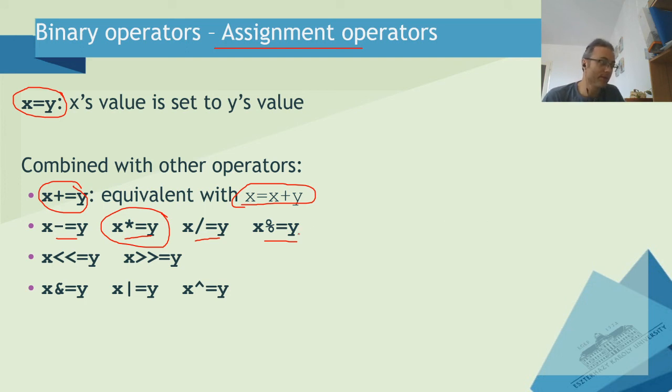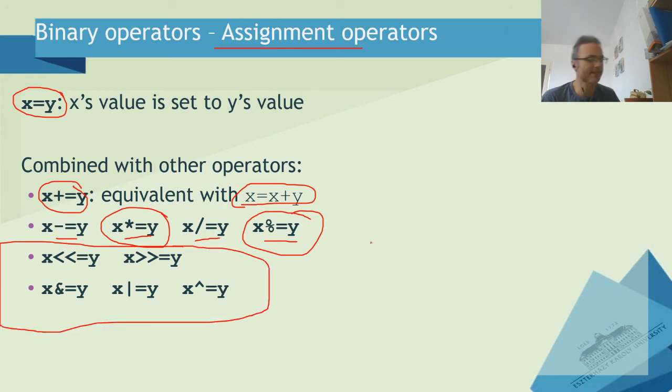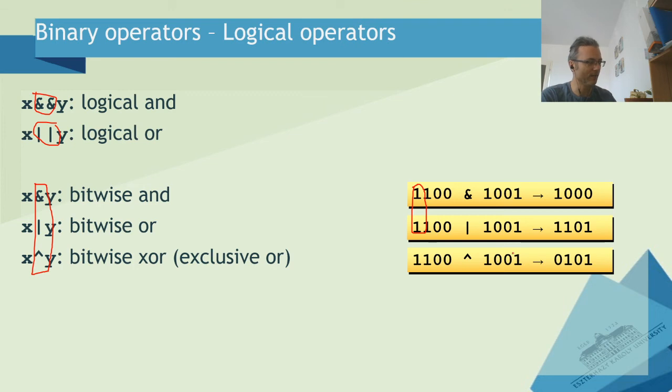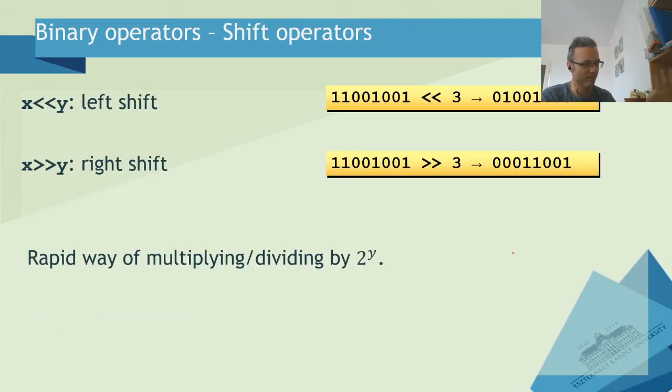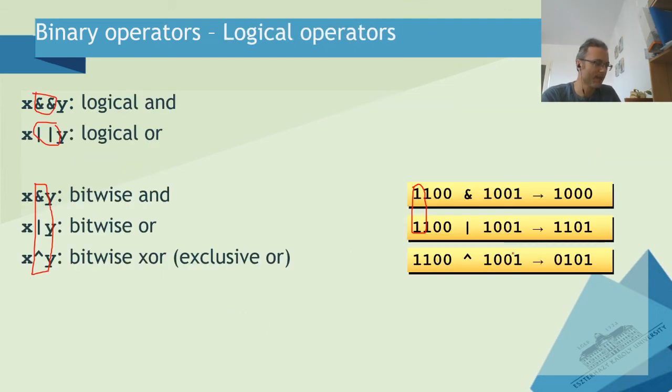But you can also do this with the remainder operator. Crazy. Okay, and it gets even crazier. You can combine the assignment operator with the bitwise operators, like the bitwise and or and the shifts, which I'm going to talk about next time.